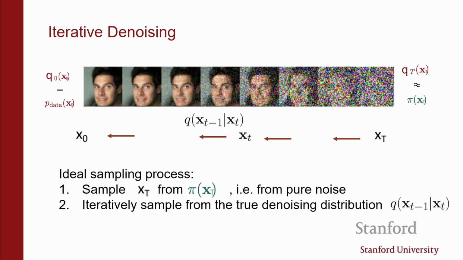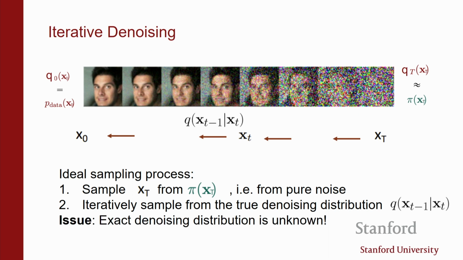And this procedure would work perfectly if somehow we had a way of knowing what this distribution is. So we know how to define q of xt given xt minus 1, because that's just a Gaussian, but the reverse kernel, which goes from xt to xt minus 1, the one that goes from right to left, is actually unknown.